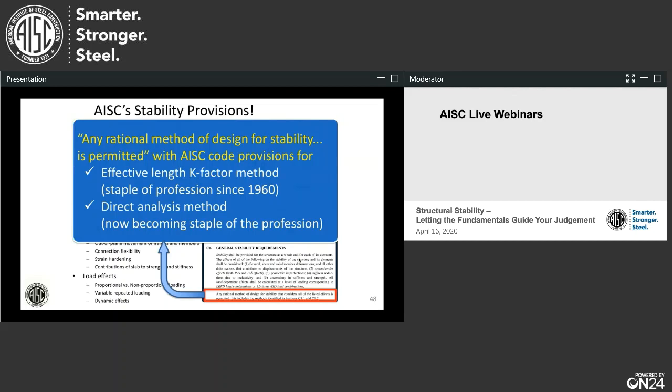And then the newer kid on the block, in the 2005 timeframe, so that's now 15 years, has sort of become the staple of the profession, and that is the direct analysis method. So I'd like to talk to you about each one of them and just give you a feel for the opportunities that AISC has provided with these by including them in their specification.